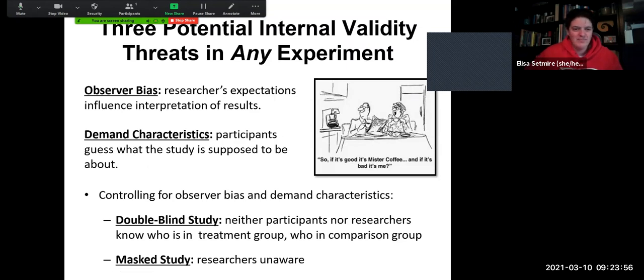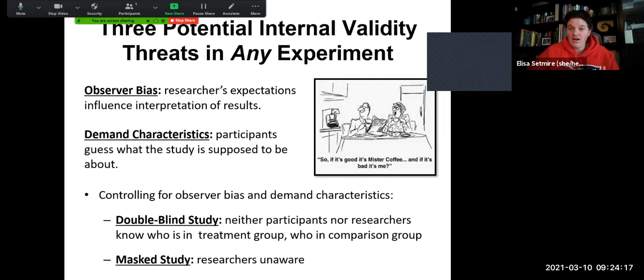Right, coffee facts. But with this, sometimes the observer can influence the interpretation of results. There's something called observer bias that can happen in experiments, where the researcher's expectations, or what they expect or hope to see, can influence the way that they interpret the results.